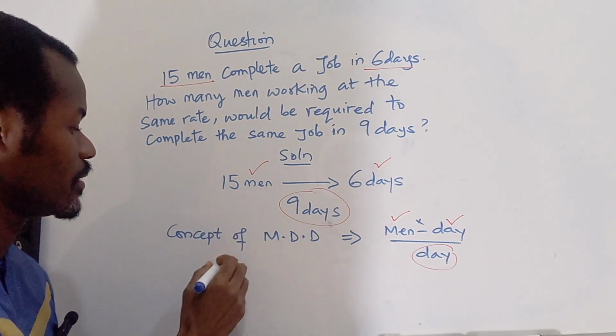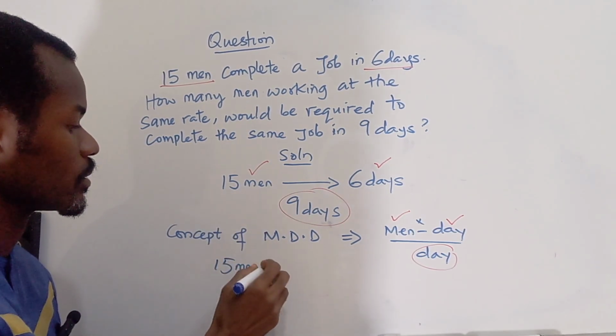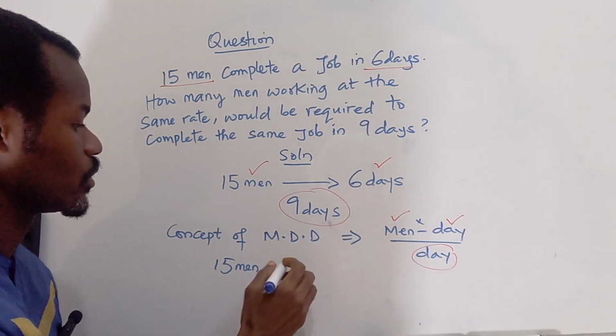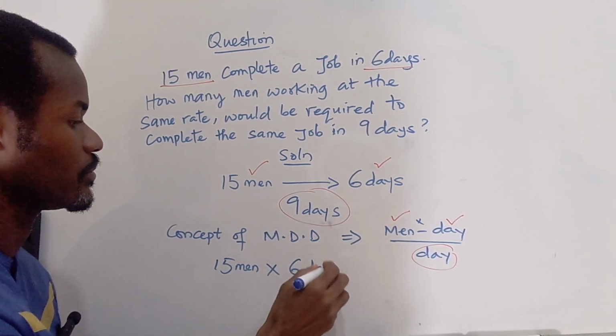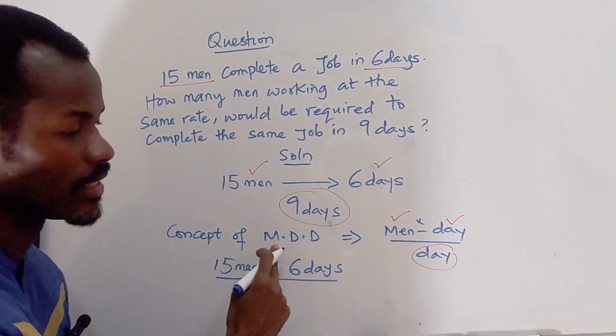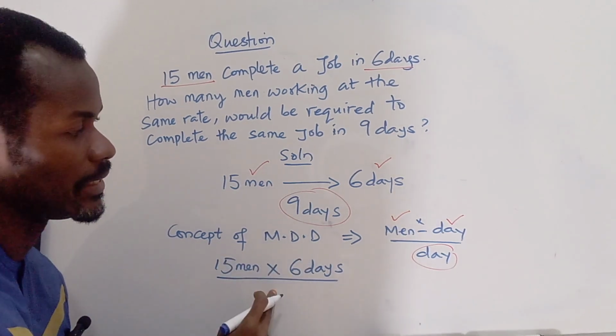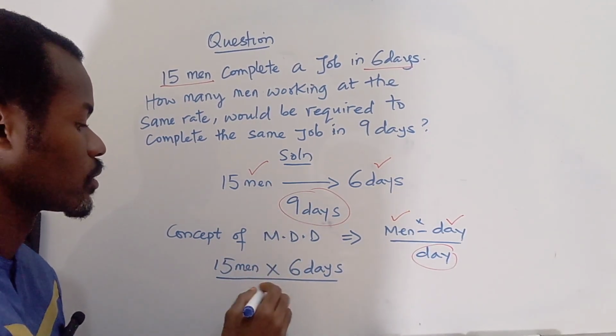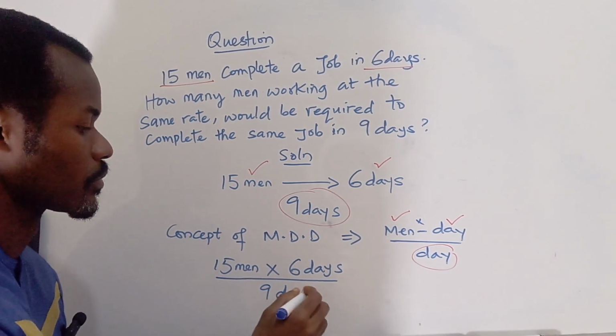So we have 15 men multiplied by 6 days, and we are going to divide by the days, 9 days.